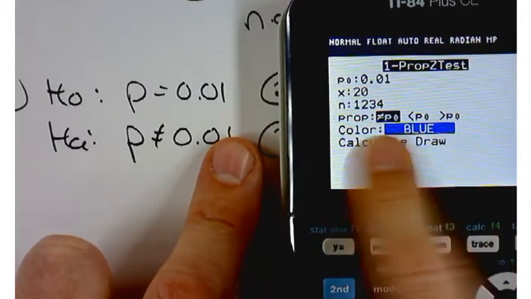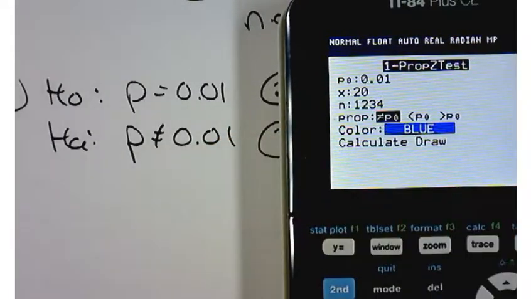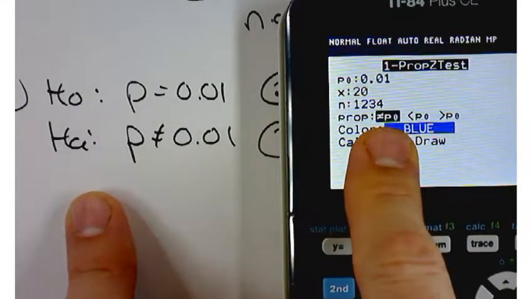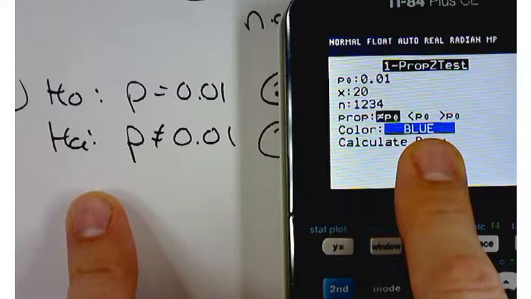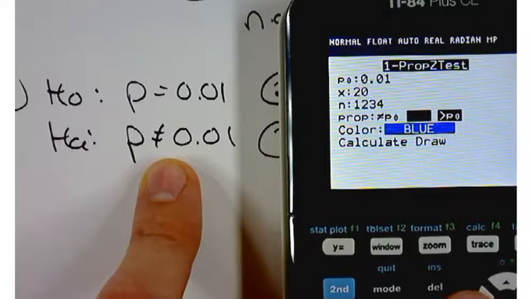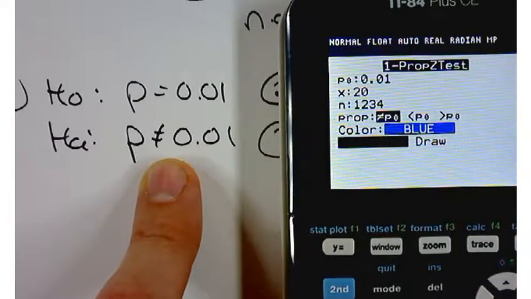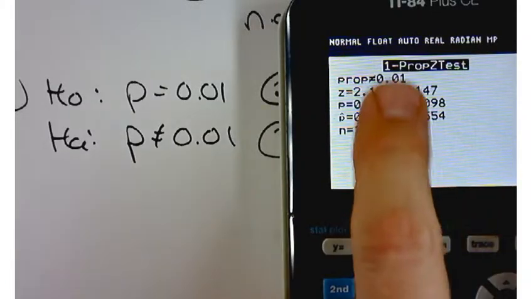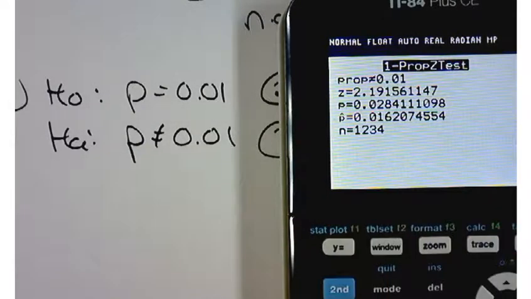And then you have to figure out, well, what's the alternative hypothesis? It's either P is greater than some number, less than some number, or not equal to some number. In our case, it's the not equal to, but that can change depending on the problem. And then I'm just going to simply ask the calculator to calculate this. And what's the one number that I need here?